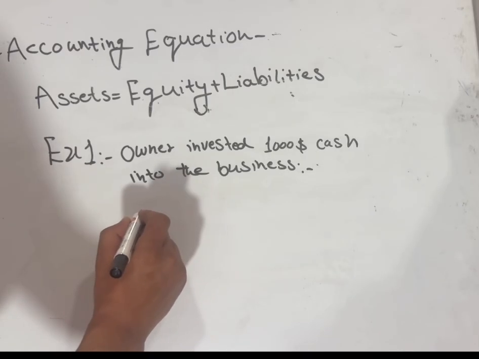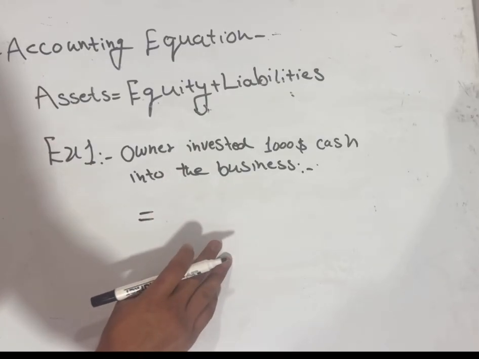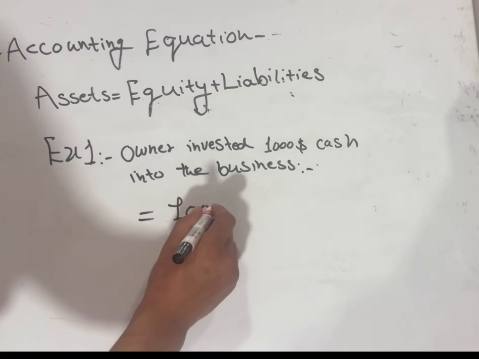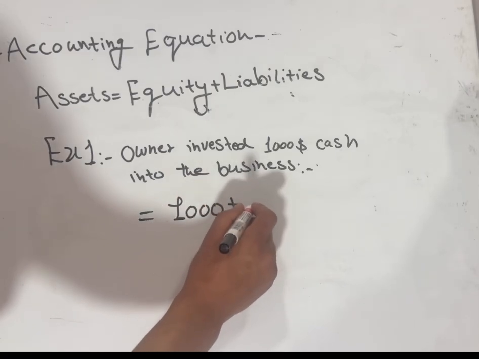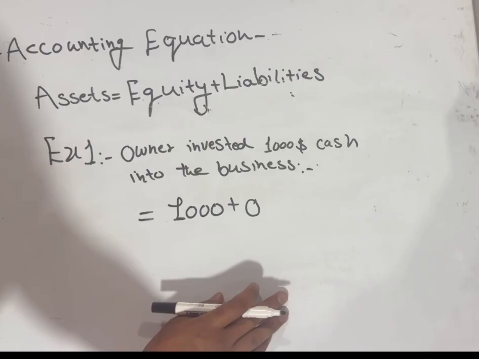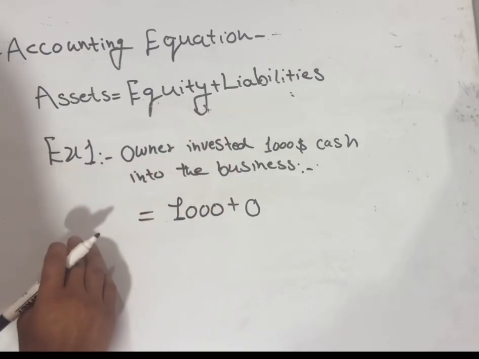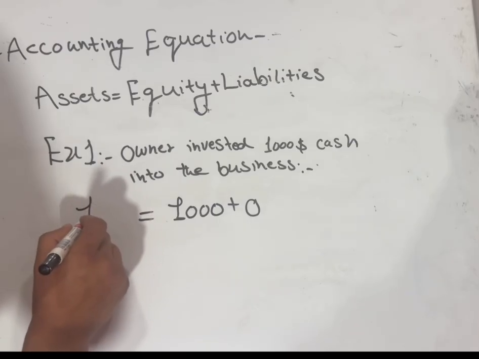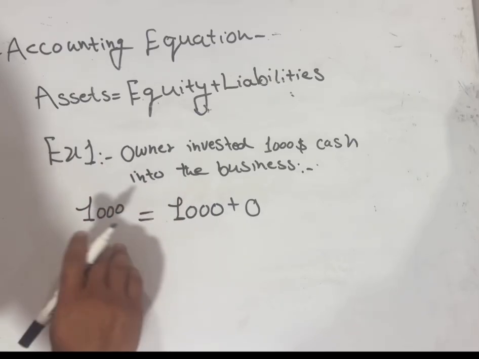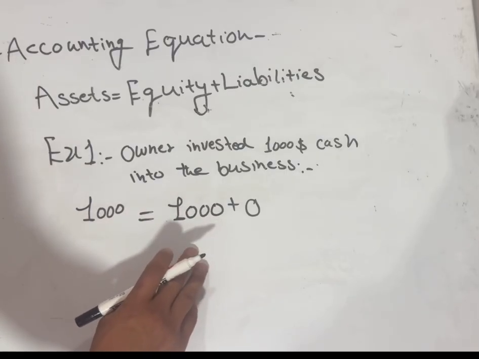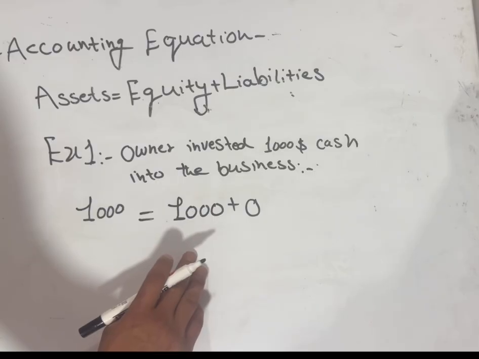So for the right side of the accounting equation, there is a $1,000 increase in equity, plus 0, as we have not borrowed anything from anyone. For the left side, cash is also increased by $1,000, which is an asset for the business. So $1,000 for the left side and $1,000 for the right side. This is how the accounting equation is balanced.